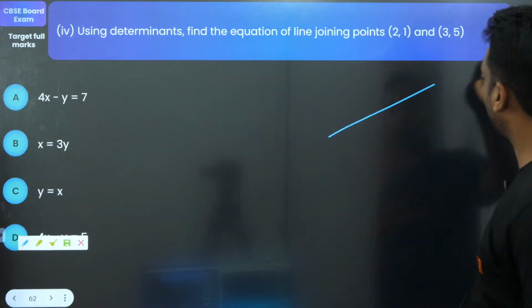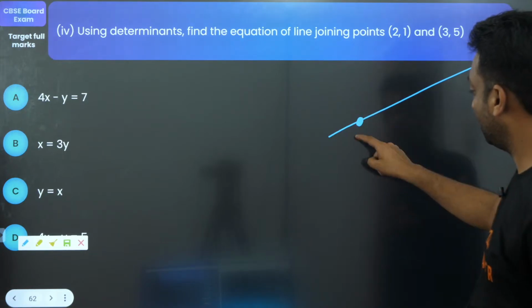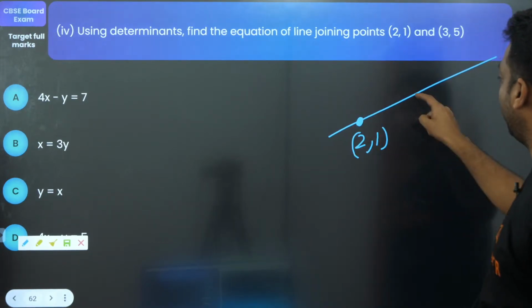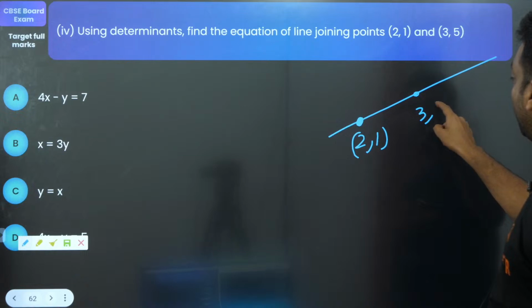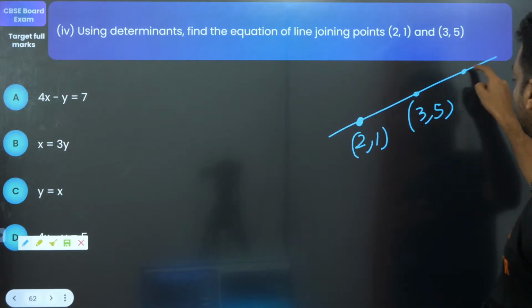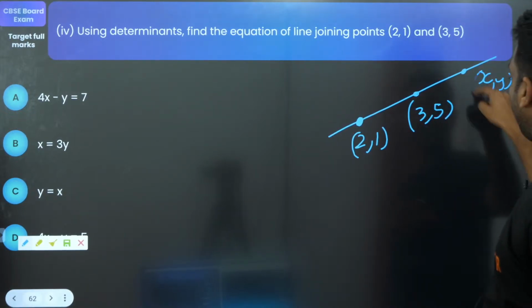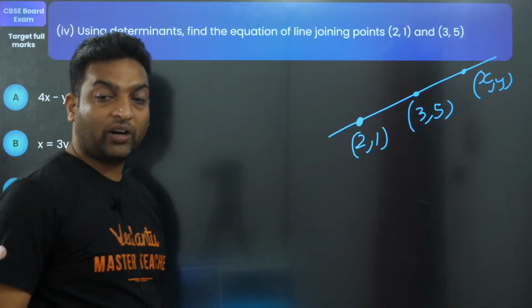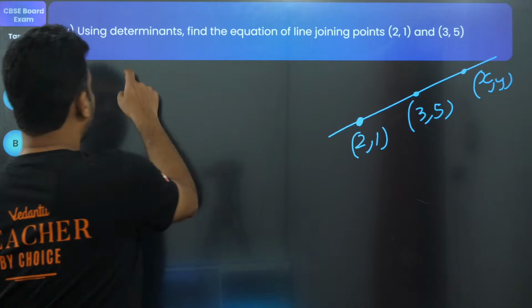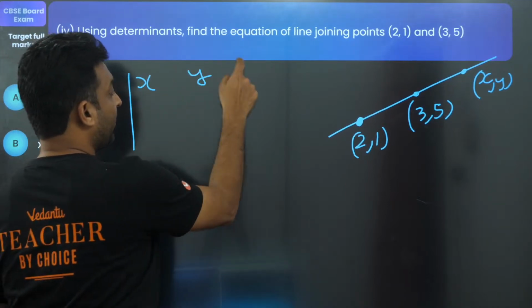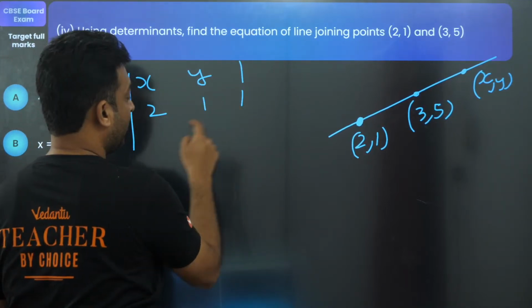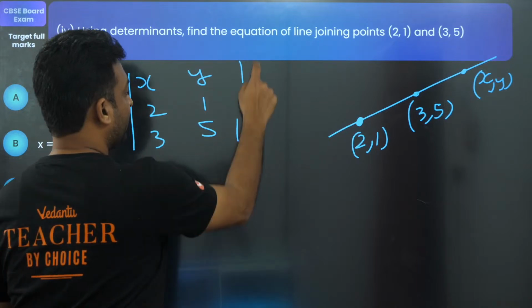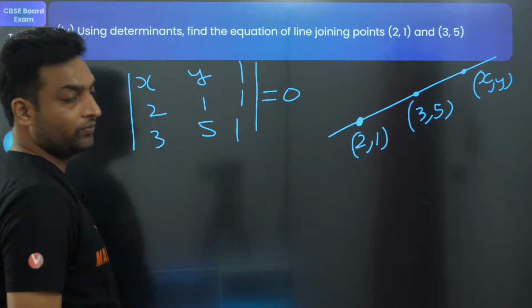For 3 points to be collinear, let's assume third point to be x comma y. Can I assume third point to be x comma y? Perfect. For 3 points to be collinear, determinant must be 0: x, y, 1, 2, 1, 1, 3, 5, 1. This determinant must be equal to 0.